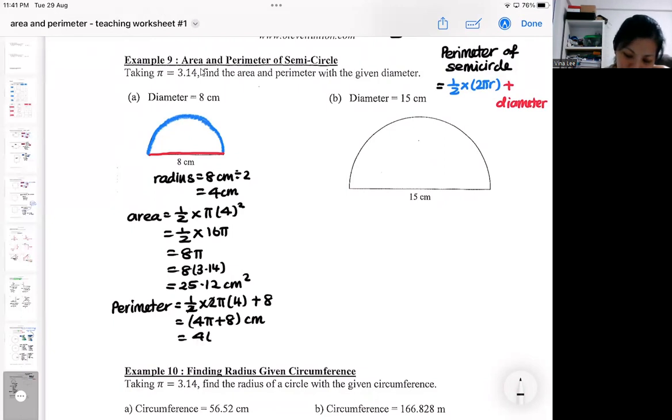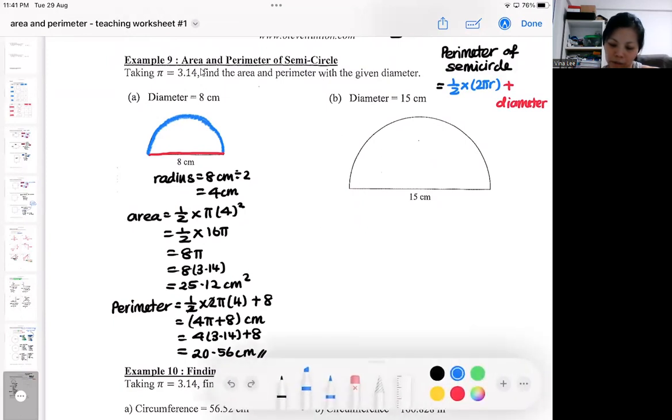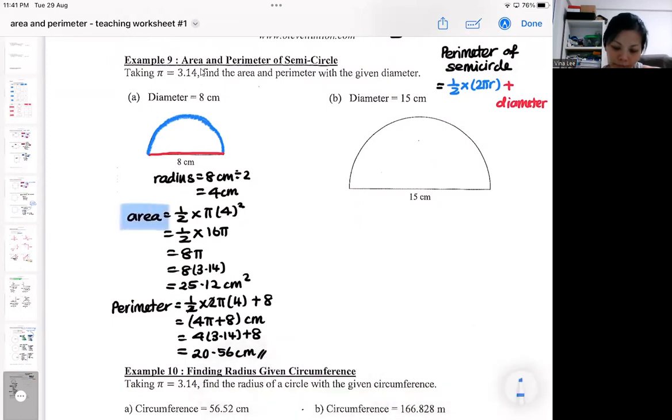Otherwise, I'm going to plug in my pi. Then I press up. So again, I'd like to emphasize label and units. Label and units.